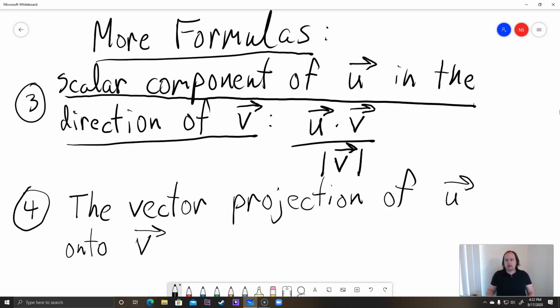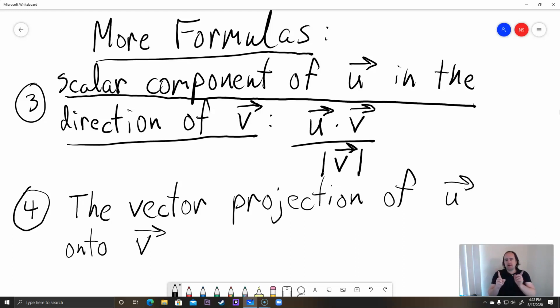But again, going back to the idea, if you have two vectors pointing in different directions, the vector projection is going to take the first vector and project it onto the other vector. Sort of like if you go to a movie theater, you have a big screen and an image is projected onto the big screen from the projector. Well, with two vectors, the first vector is going to be projected onto the other vector almost as if the other vector were like a movie screen, even though it's only one-dimensional.